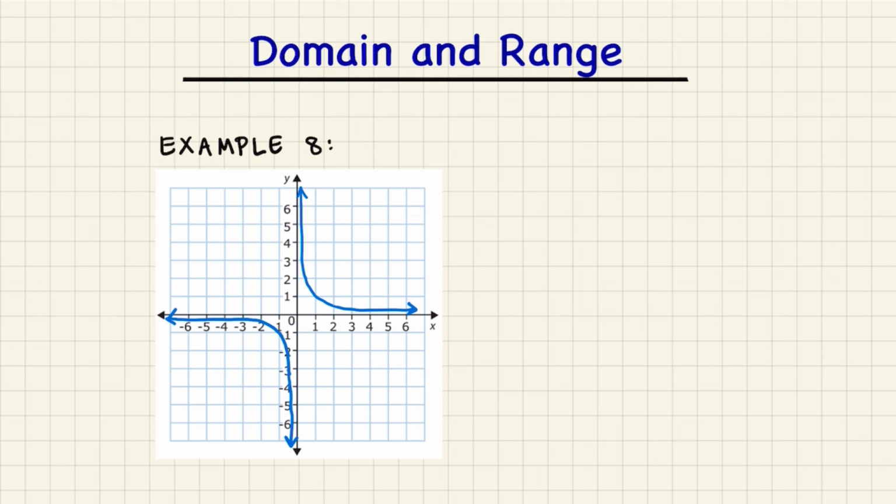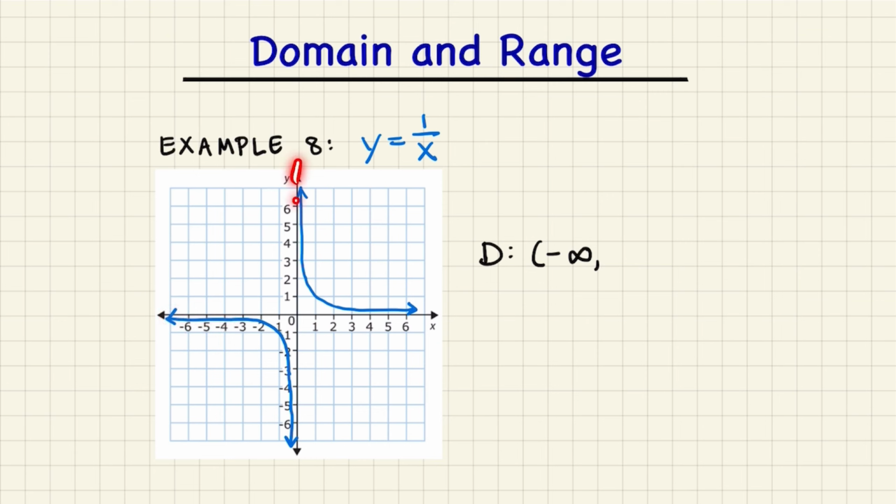All right, here you might recognize this function as y equals 1 over x. It's a rational function. So starting with our domain, we can see this continues on in the negative direction infinitely. So it's going to be negative infinity, comma. And at first it looks like we could just go from negative infinity to positive infinity.